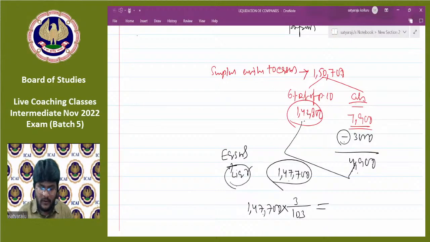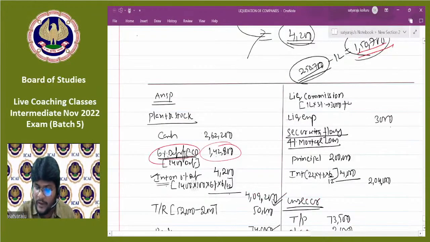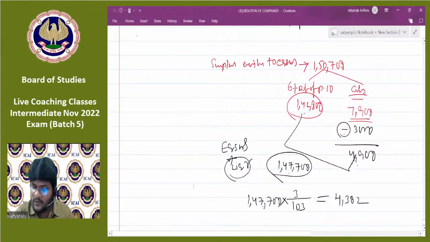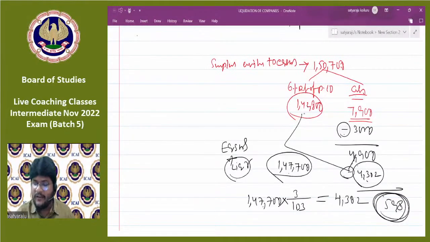That was 4,302. Now total remuneration is 7,302. If you reduce 4,302 from 4,900, the remaining cash balance is 598. Now the amount available to equity shareholders is 598 cash and 1,47,700 worth of debentures.